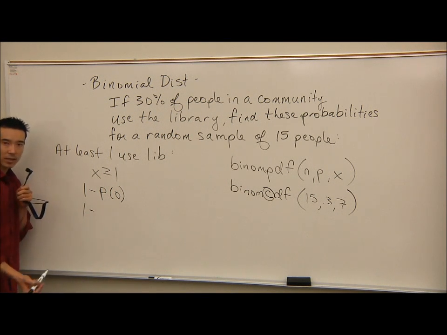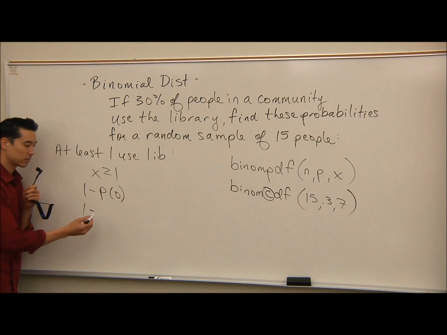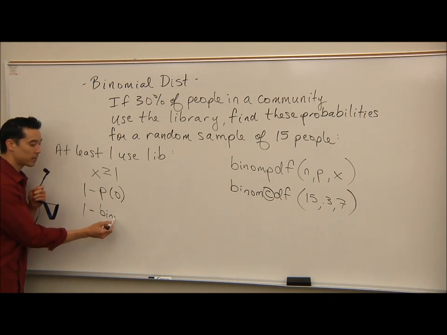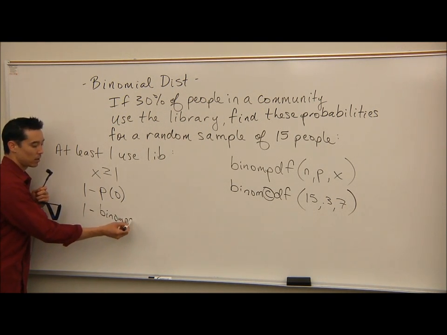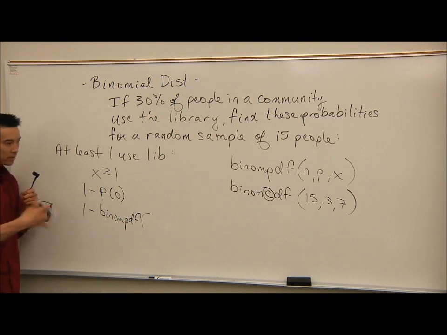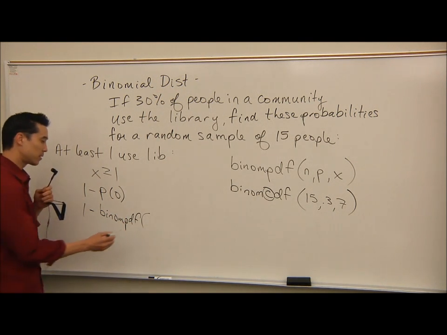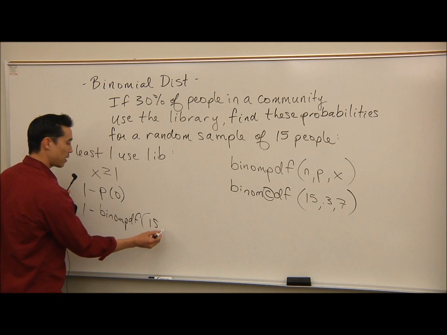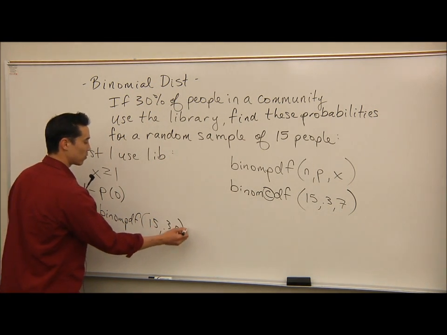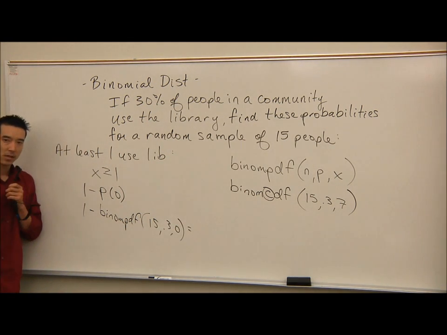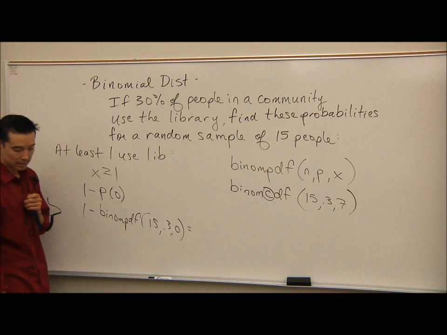If I'm just doing 1, can I use CDF or PDF? Which one can I use? PDF. Yeah, you can use PDF because you're just doing 1. Technically, you could use CDF because you're starting at 0 and going up to 0, but 15.30. Okay? So in your calculator, to get this one, you're going to do 1 minus binomcdf 15.30.